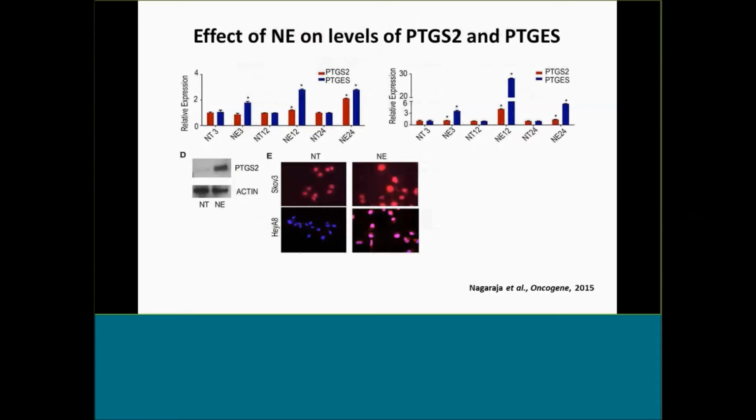If you expose cancer cells that contain beta-adrenergic receptors, you see significant elevations in both of these biosynthetic enzymes, which would then relate, obviously, to production of the relevant prostaglandins downstream. Even if you look at a protein level in response to norepinephrine, you see significant elevations in PTGS2. Both of these, by the way, are inducible enzymes. So that makes sense that in response to specific stimuli, they would change in terms of their levels.